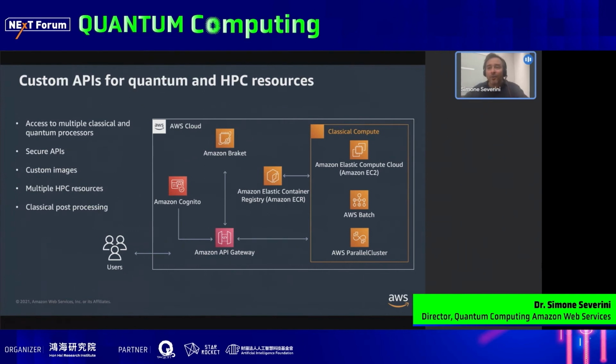And these macro compute resources go beyond quantum classical algorithms. And for example, so-called classical post-processing, which by the way needs to be done for a lot of quantum algorithms, even not necessarily for the hybrid algorithms.